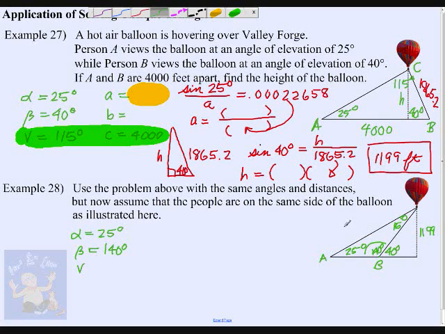And our gamma, we call this C up here, is equal to 15 degrees. Well, we better have some kind of a length. I think we do.